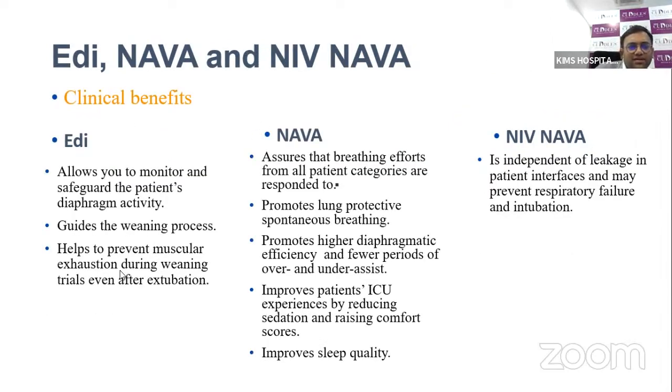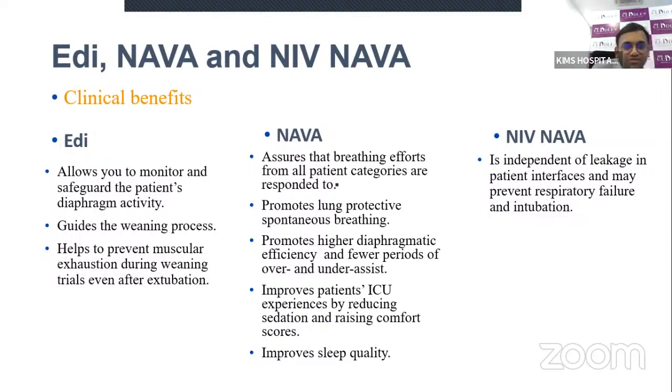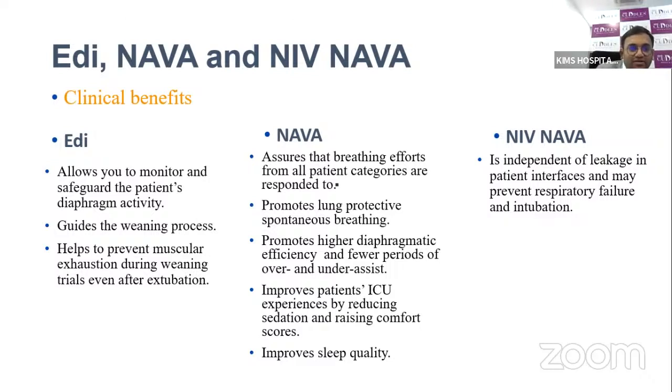Overall, the EDA catheter can help in monitoring the diaphragmatic activity based upon the EDA levels. With EDA max, we can adjust the weaning process. With EDA min, we can adjust the appropriate PEEP, so that it helps in monitoring the baby's respiratory effort and guiding NAVA, so that the baby's respiratory effort is still maintained and we prevent muscular exhaustion, so that we can have a proper extubation of the baby.